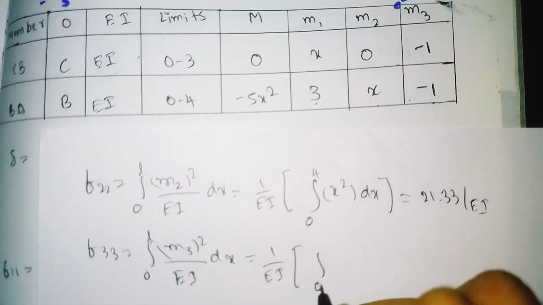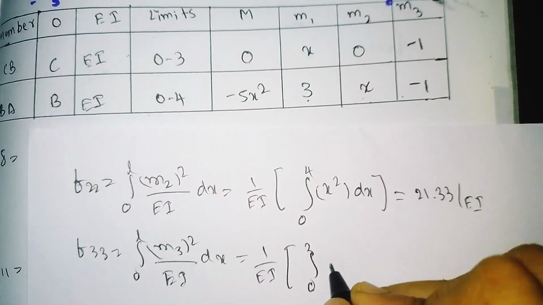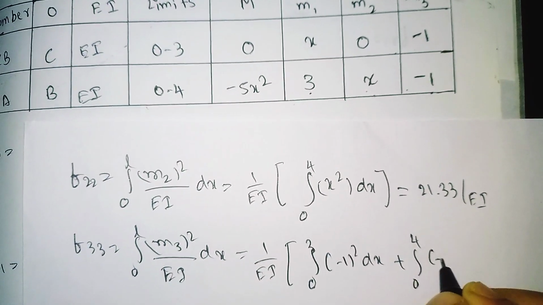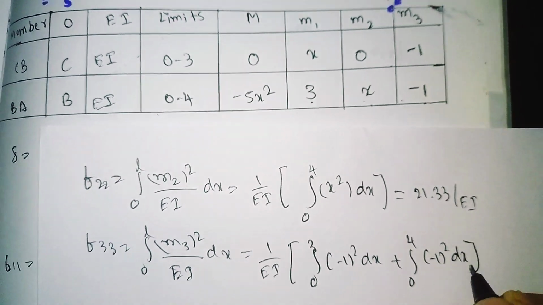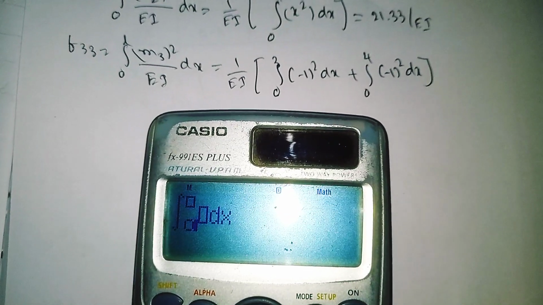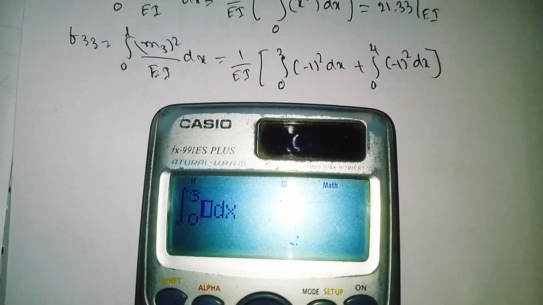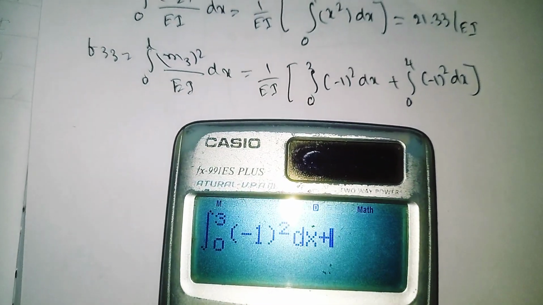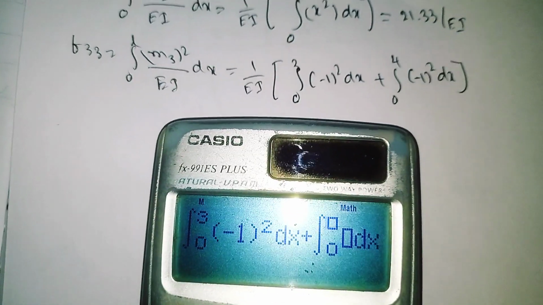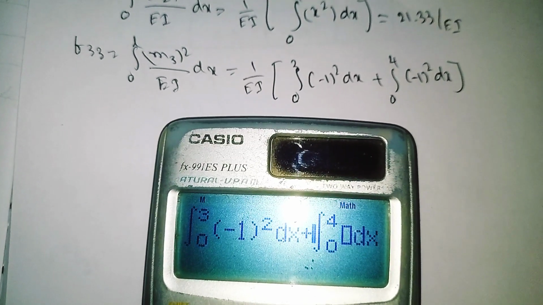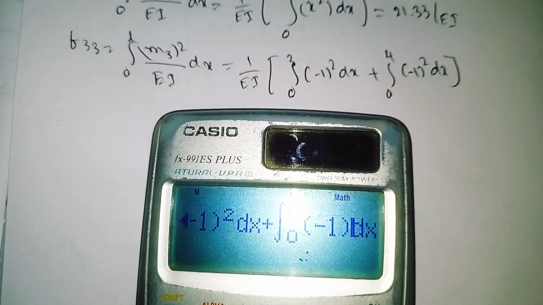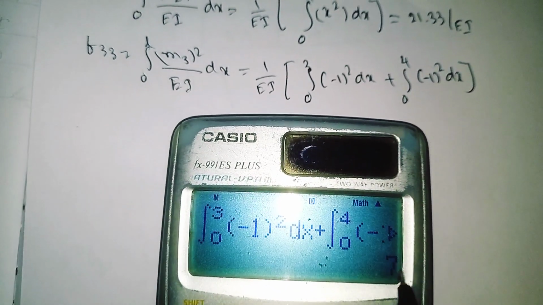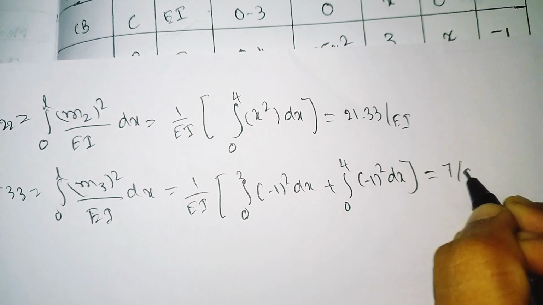So integration of 0 to 3 of minus 1 whole square dx plus integration of 0 to 4 of minus 1 whole square dx. So now solve it. Our F33 will come out as 7. F33 is 7 divided by EI.